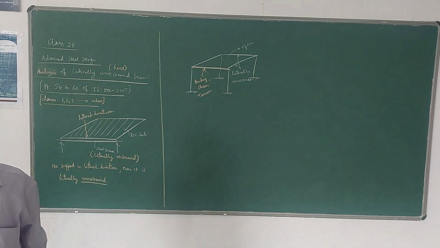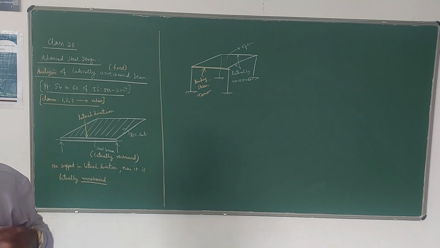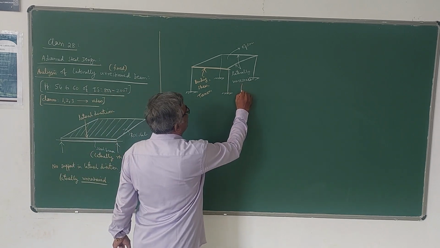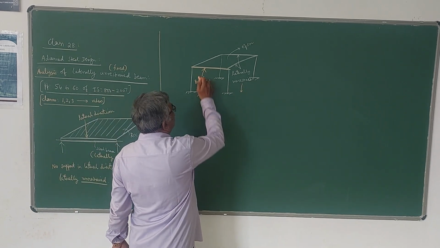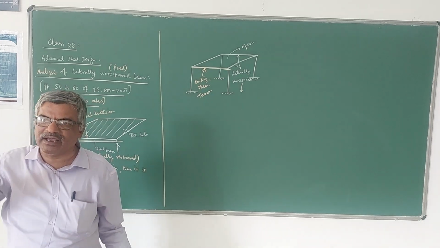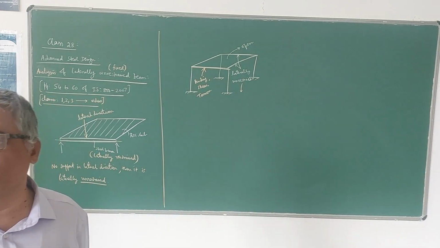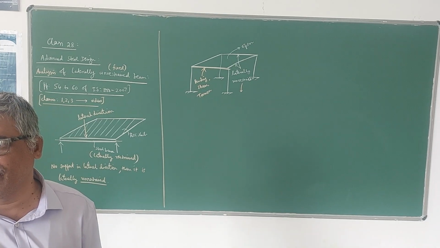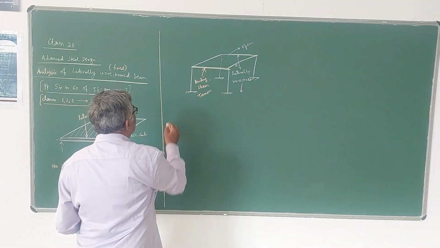Very important. Whereas in laterally restrained beams, you may not have torsion, or it may be very less. So laterally unrestrained beams are subjected to all the 3. Whenever you are designing a laterally unrestrained beam, you have to design for the combined effect of all these 3.